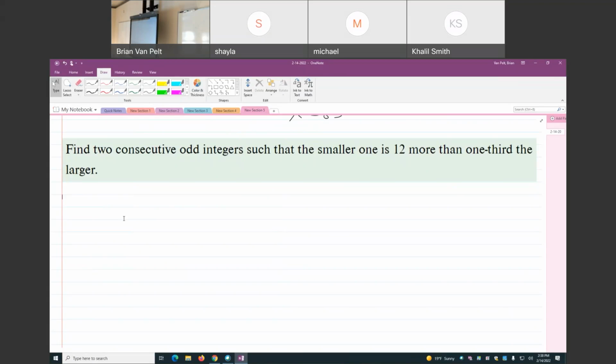So what do these two odd integers look like? If you were to give them names off the bat, what would you call them? What would you give these two consecutive odd integers?